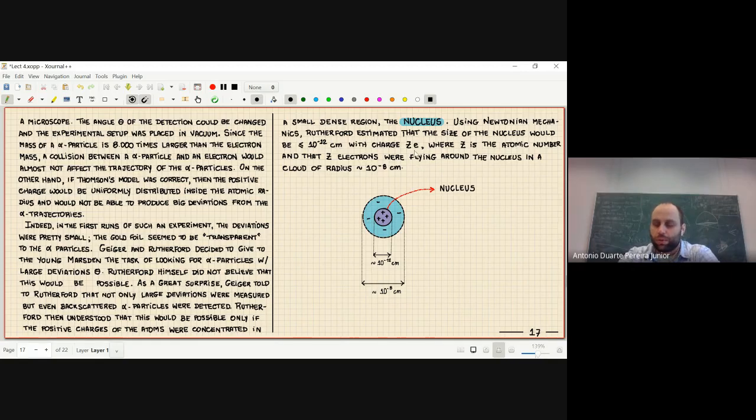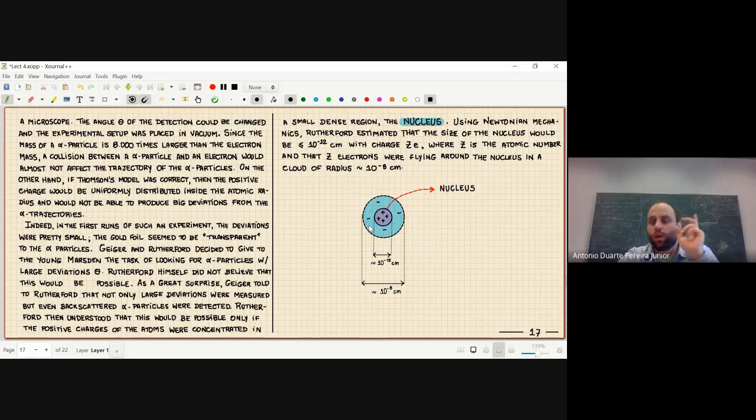We already used this word before. E is the absolute value of the charge of the electron. So the charge inside the nucleus will be Z times E. And Z is what we call the atomic number. So for an electrically neutral atom, Z tells you how many electrons you have flying around in the electron cloud. So Rutherford discovered the nucleus of the atom and changed the picture by Thomson.